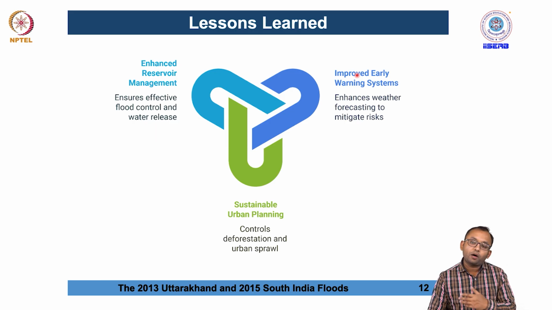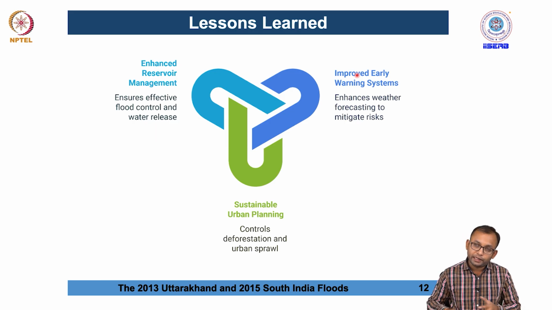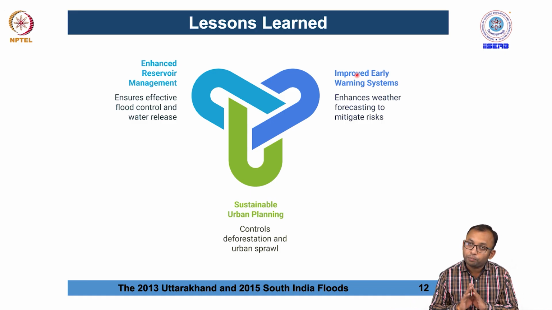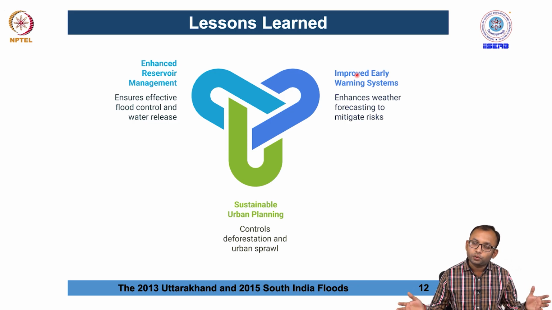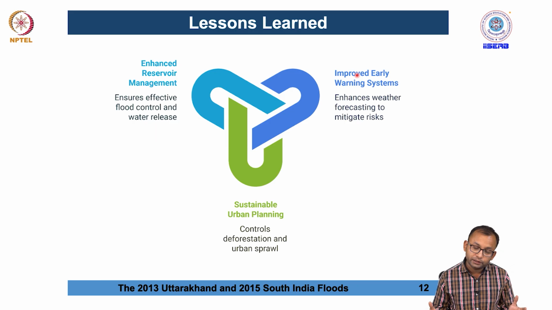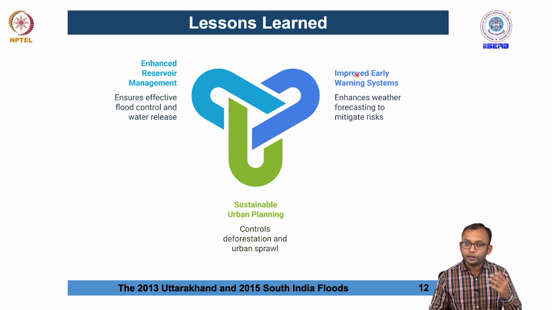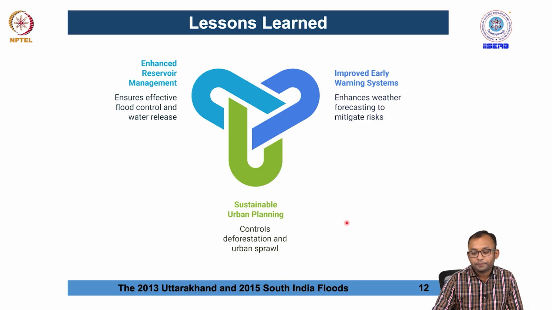Or based on zonation we can categorize: zone A, where we don't need any construction or need a complete ban on construction, or zone B, where we can have very lightweight or temporary constructions. For zone C and zone D, what type of constructions we can do in those particular regions, so that they can at least withstand the high flooding conditions.